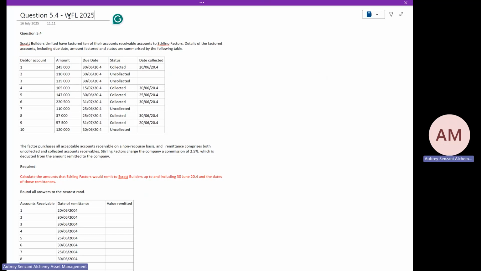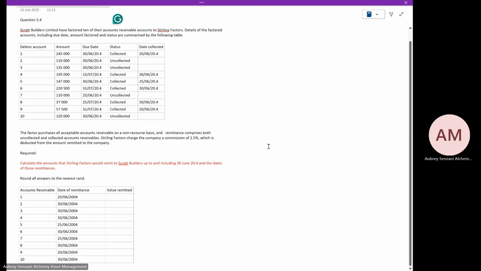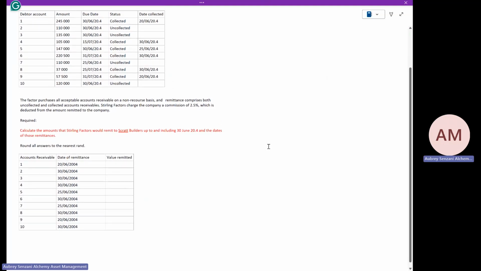Cool. So let's see. Here they didn't tell us that any of these are, the factor purchases all acceptable accounts receivables. They didn't tell us what is acceptable and unacceptable. Can you see that? So can we assume all of these are acceptable? I think so.